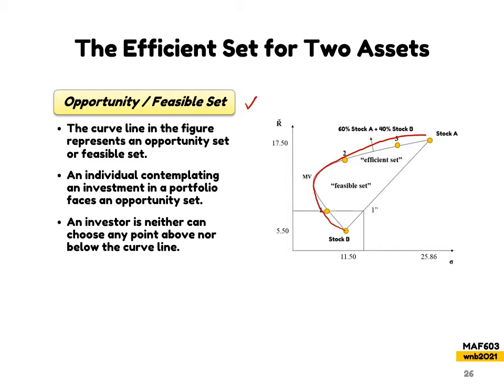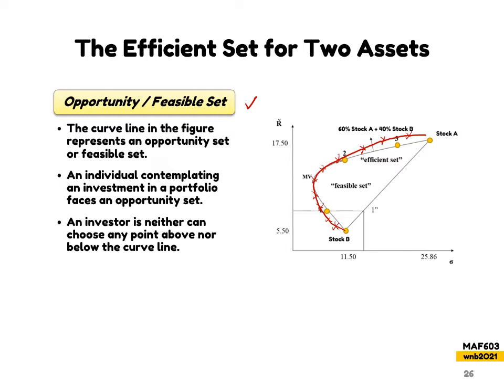An individual contemplating an investment in the portfolio faces an opportunity set. So if you want to invest, you can choose any point along this curve. You can do 65% in A plus 35% in B, or the other way around. Any point along this curve is your opportunity set.